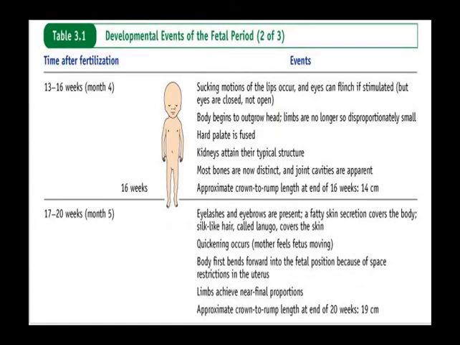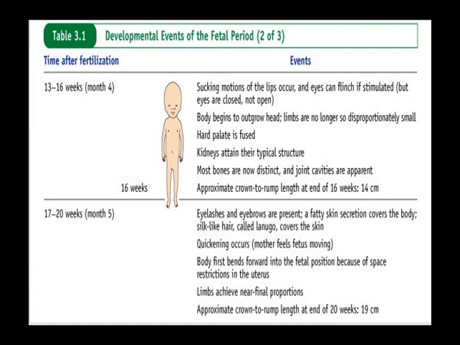Regarding the 4th month, from 13 to 16 weeks, sucking motions of the lips occur. Eyes can flinch if stimulated, but are still closed, not open. The body begins to outgrow the head.